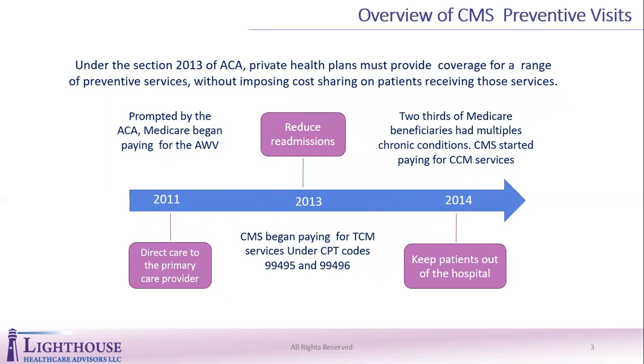We discussed this last week on part 2 of our webinar series. And then in 2014, CMS started paying for chronic care management services. 2/3 of Medicare beneficiaries have multiple chronic conditions, and in an effort to keep patients out of the hospital, CMS began paying for management services that include non-face-to-face visits.